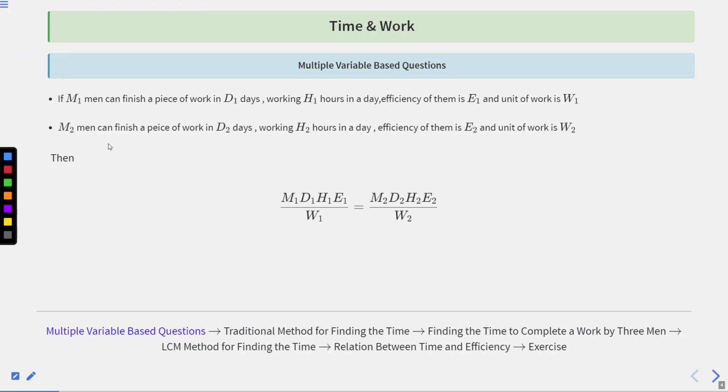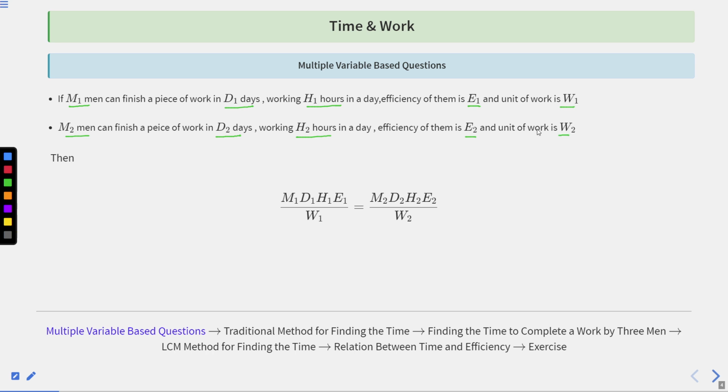So let us start with the very first part of this lecture, that is multiple variable based questions. Let M1 men finish a piece of work in D1 days, working H1 hours in a day, and efficiency of them is E1 and unit of work is W1, and M2 men can finish a piece of work in D2 days and working hours H2, efficiency of them is E2 and unit of work is W2.